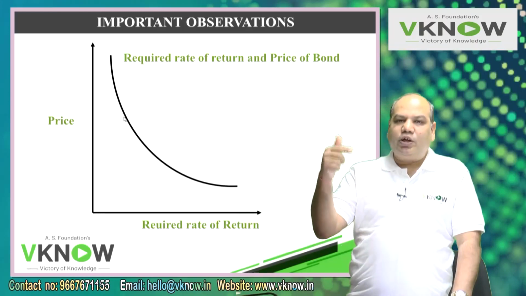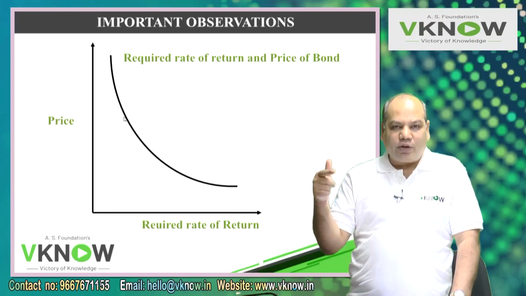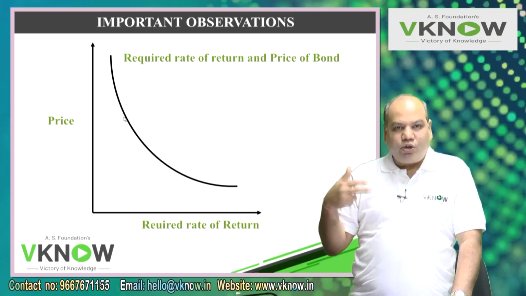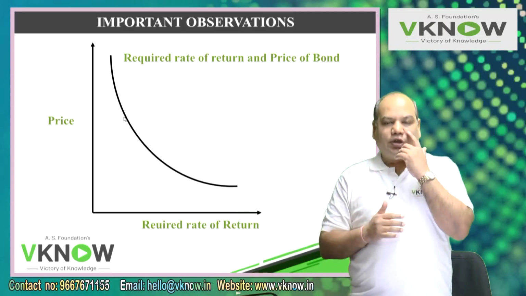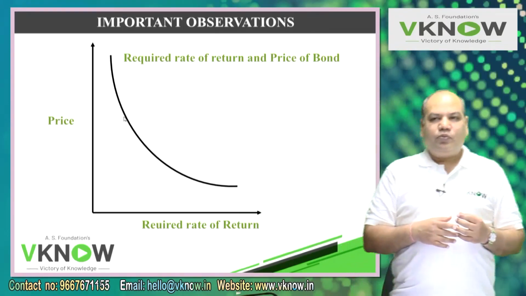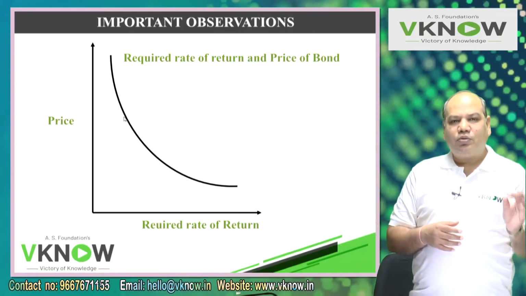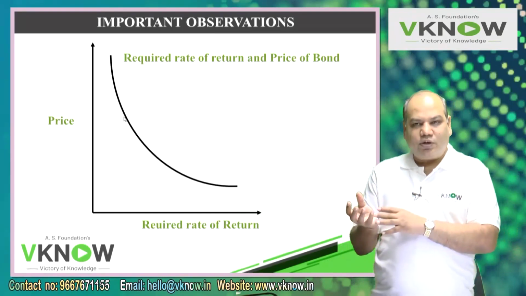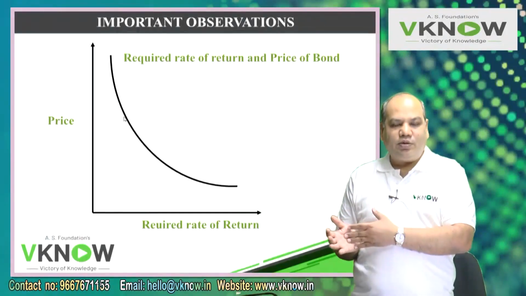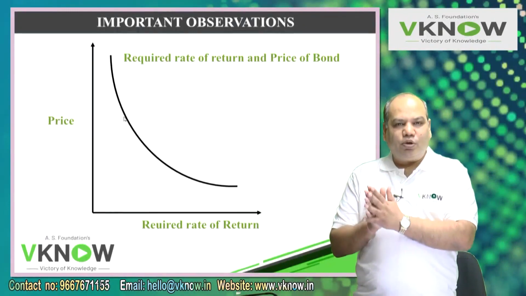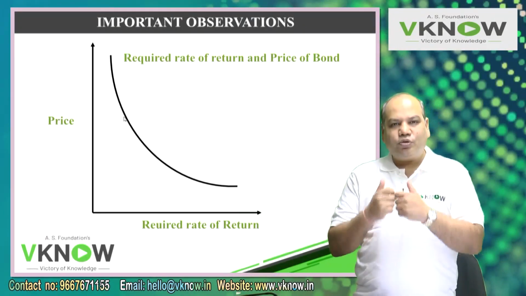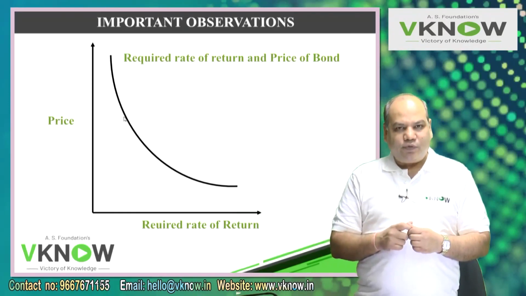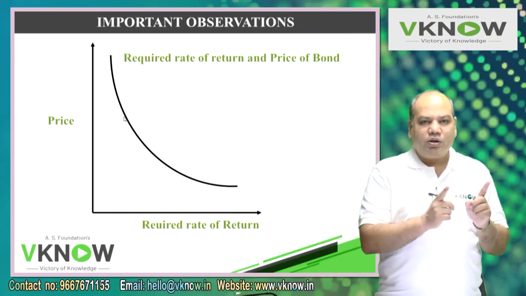So when I am taking 1 divided by 1.10 to the power 5, I am actually using reverse compounding. That means interest on interest is also considered. If it was only the principal amount on which interest is considered, then the line would be a straight line. But because we are using the compounding formula in a reverse manner, interest on interest is also considered, and therefore the line cannot be a straight line.